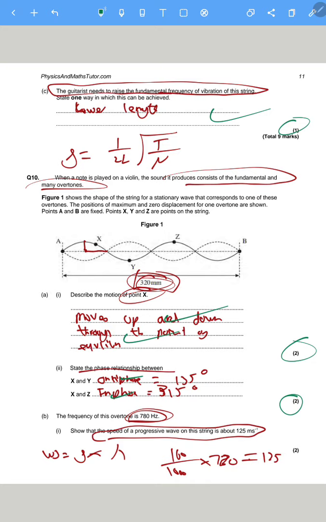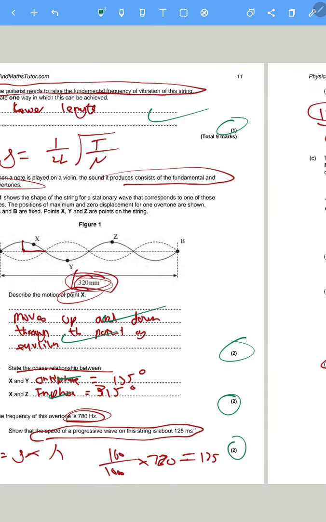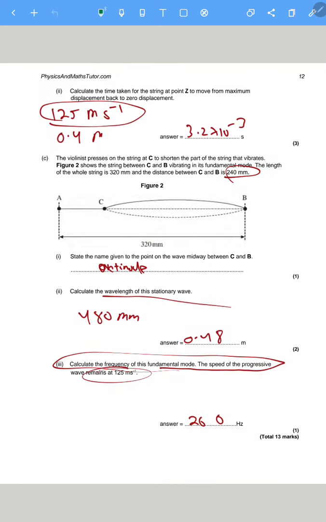Okay, then 124.8. I got 125, so I just rounded. 3.2 times 10 to the minus 4. Well, I'm claiming 2 because that should be a 4, idiot. Antinode, 0.48 and 260. Yes.